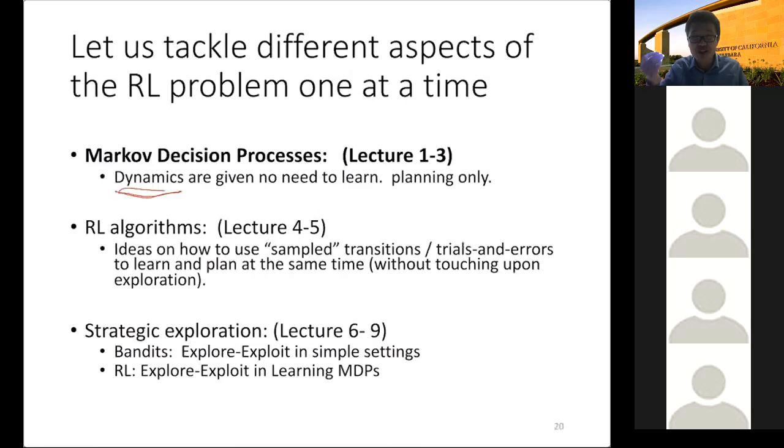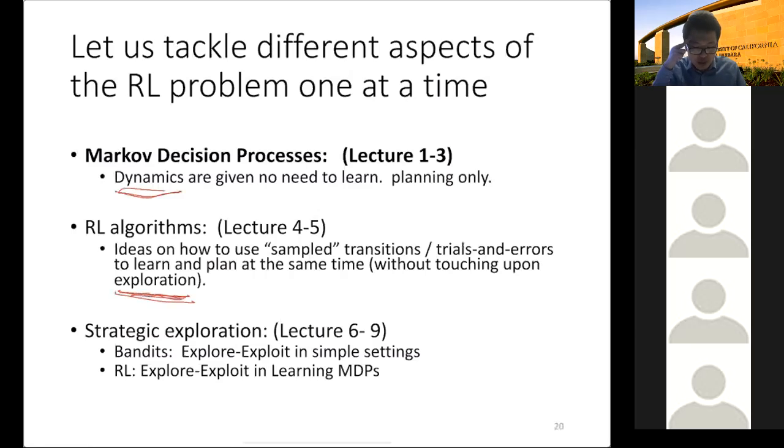In some sense, we're assuming some stochastic data is already given to us, or we have some access to samples from state transitions, and how do we learn from that? And this is where we can talk about the algorithm design and ideas without necessarily worrying about the issue related to exploration.